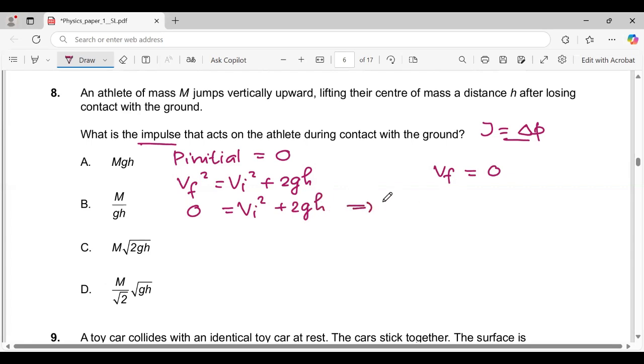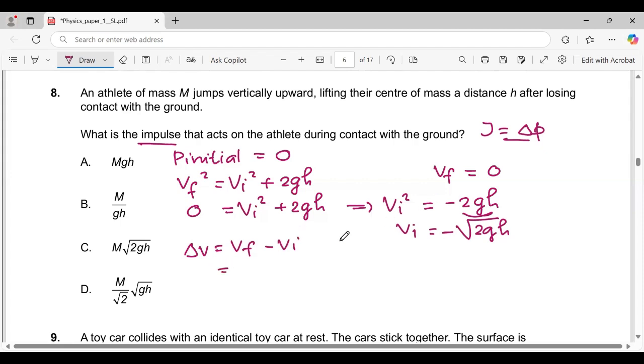So it means Vi squared equal minus 2gh, where this is a constant. So Vi we can set as minus square root of 2gh, right? Even though there is no negative result for velocity, right? So delta V, change in velocity, equal Vf, the final velocity, minus the initial velocity.